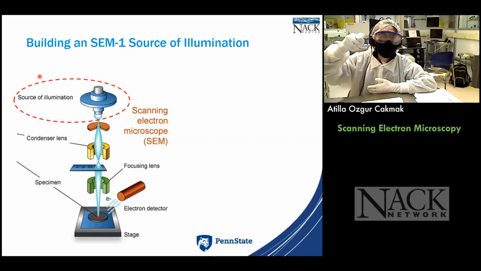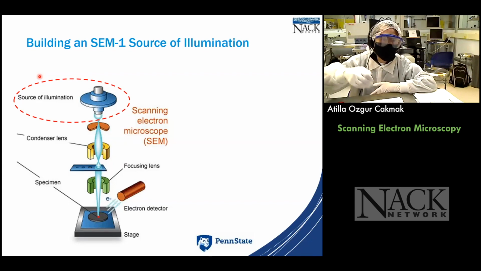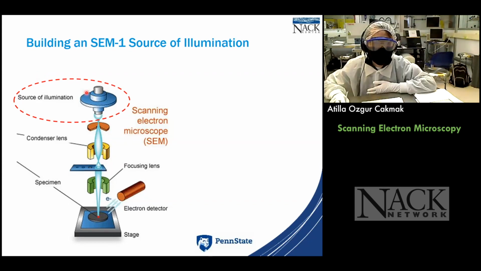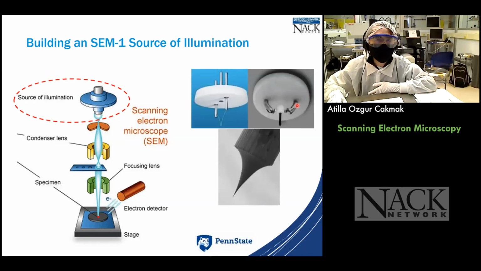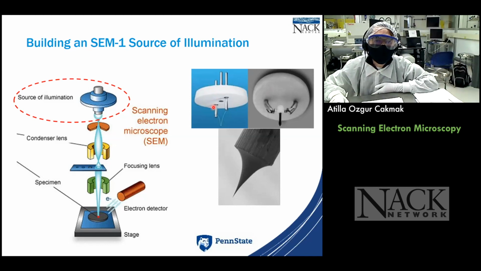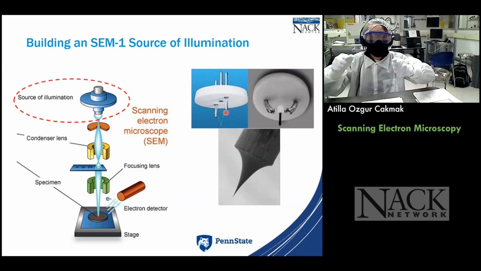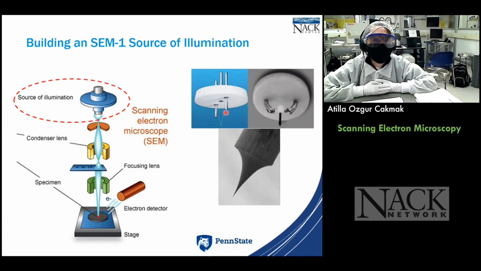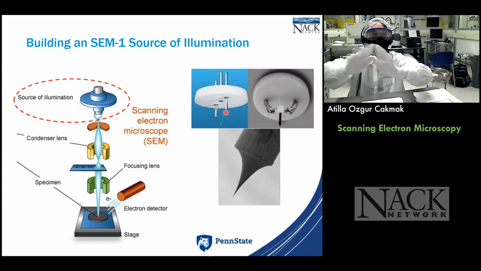Just like the light source we had for the optical microscope, now we're going to use electrons. And this is an electron beam, by the way. And what did we say about the source of illumination? We use the electron beam, the electron gun, and there are various types of electron guns. Another way of getting the electrons out is simply by heating a tip like this, a tungsten filament. You give input energy in terms of thermal energy, and then you can release the electrons. All right.